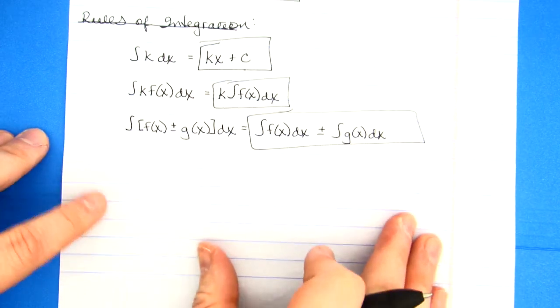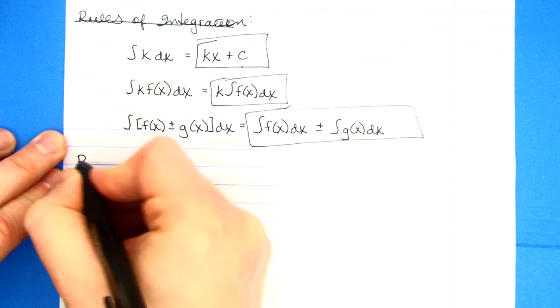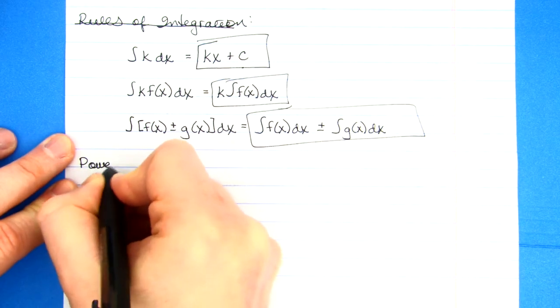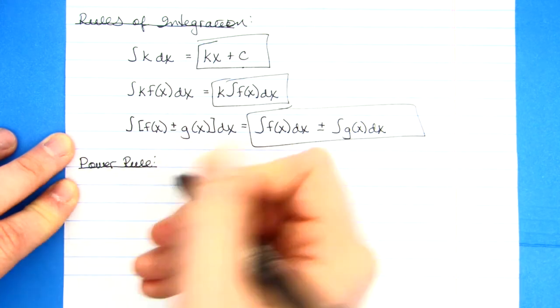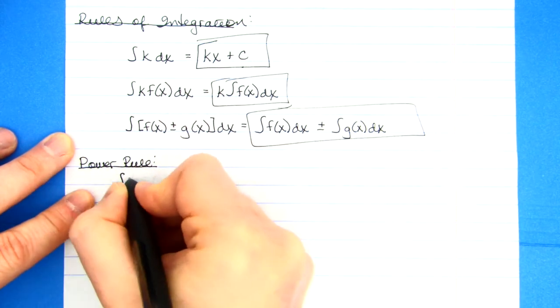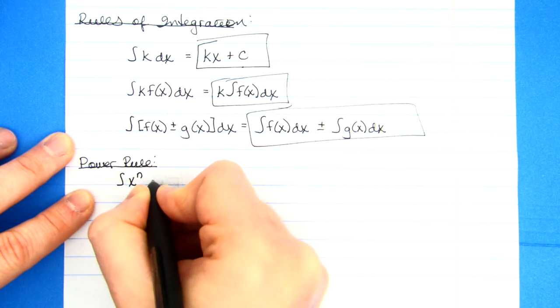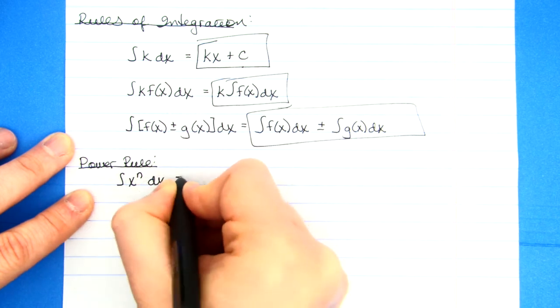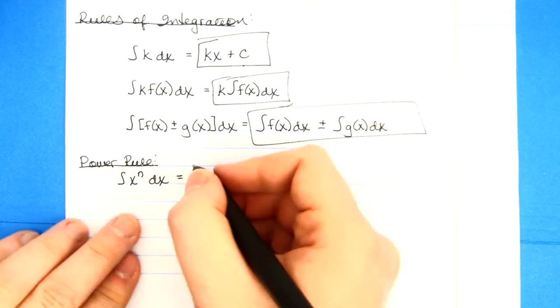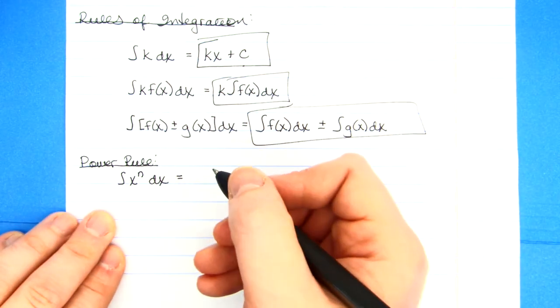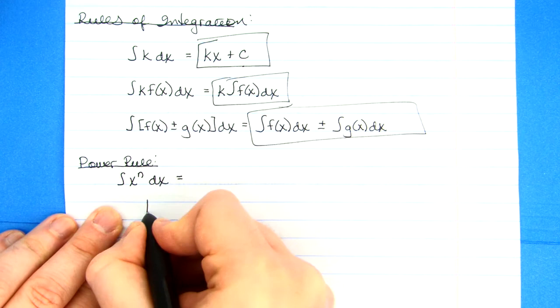Then there's an important one, the power rule. The power rule says, if I want to do the integral of x raised to the n dx, well, maybe before I just tell you this, let me show you a few.